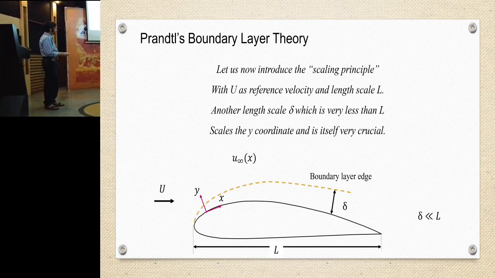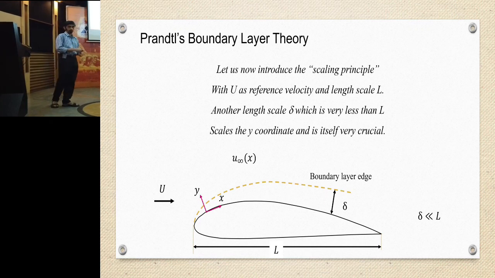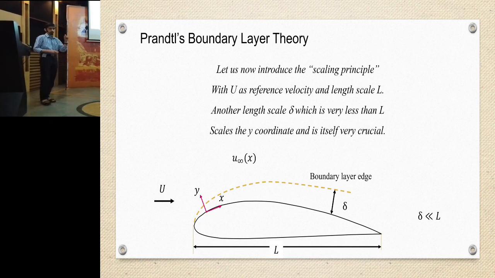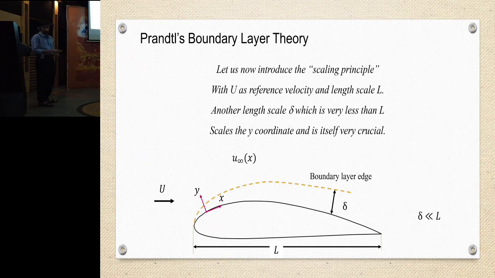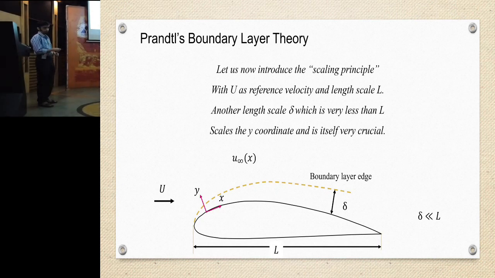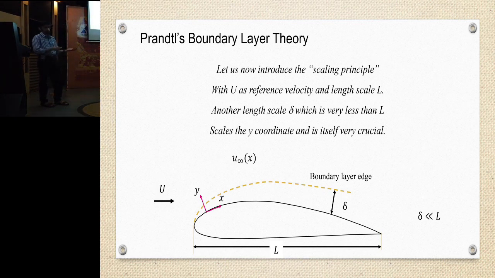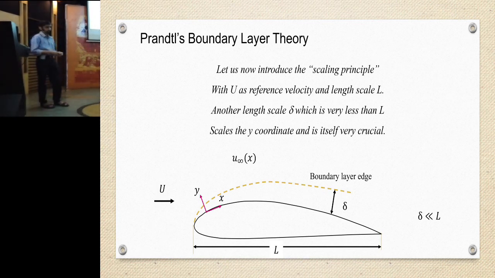It scales the y coordinate and is itself very crucial. So that's the crucial aspect of the boundary layer theory. It says that the velocities tangential to the surface can be non-dimensionalized using capital U. You know what non-dimensionalization is: divide the velocity by some reference velocity, which makes it non-dimensional.